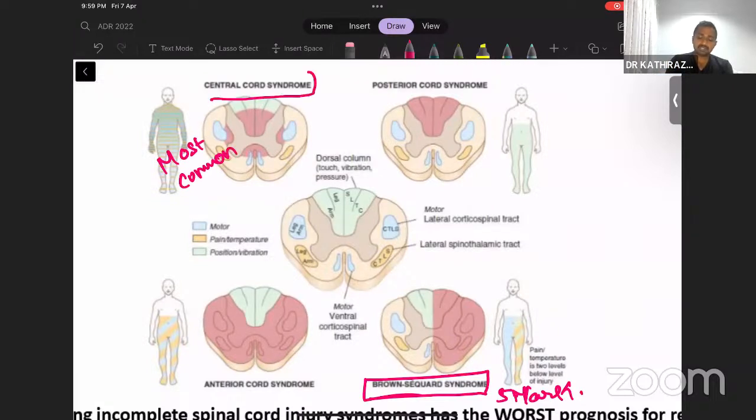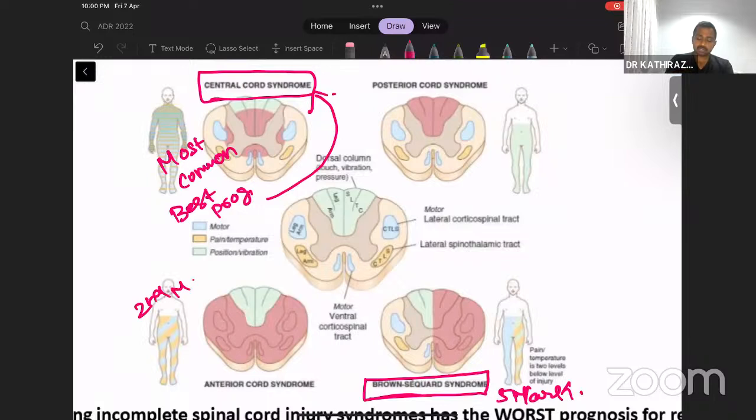is central cord syndrome. Best prognosis is central cord syndrome. Second most common is anterior cord syndrome, and it carries the worst prognosis.